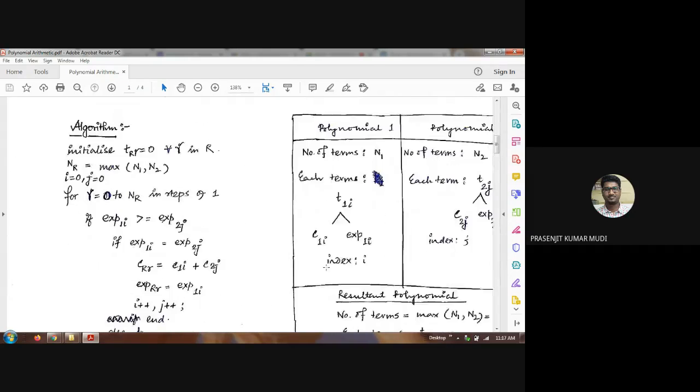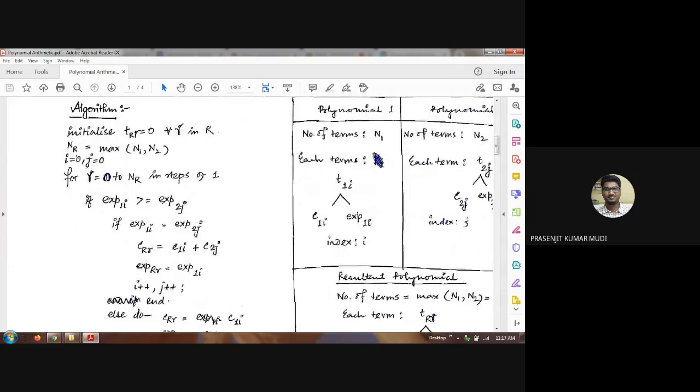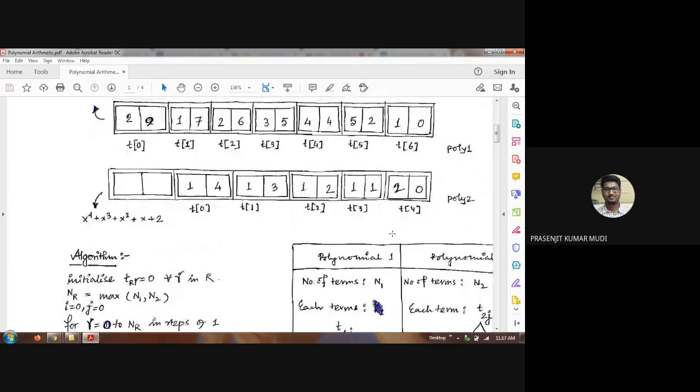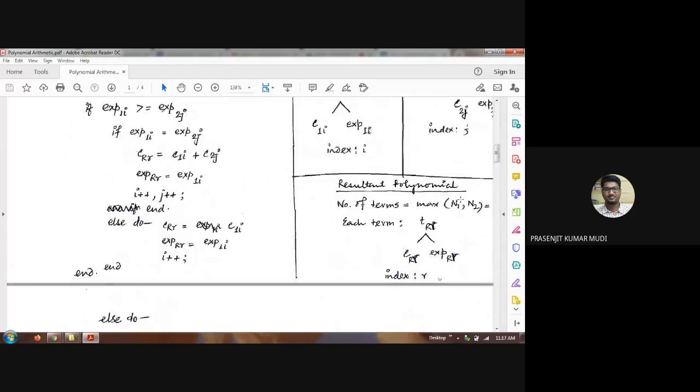Okay, so now coming to the algorithm. Initialize TRR equal to 0, the resultant polynomial. You know how many terms you have to compute, right?